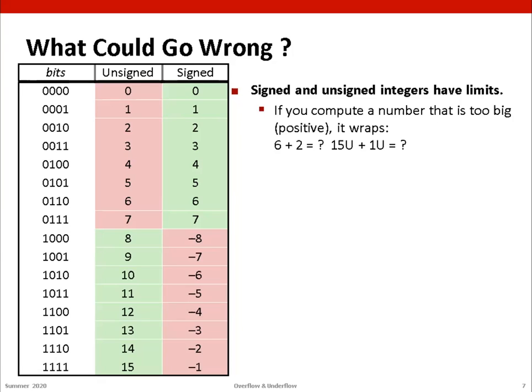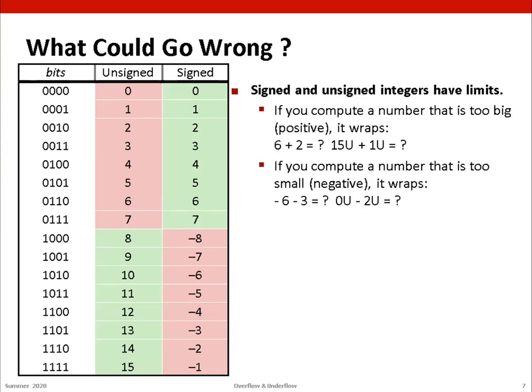We can also have a number that is too small to represent. For example, -6 minus 3 would yield the signed number -9. And if you notice, there is no pattern for -9. We only get up to -8.